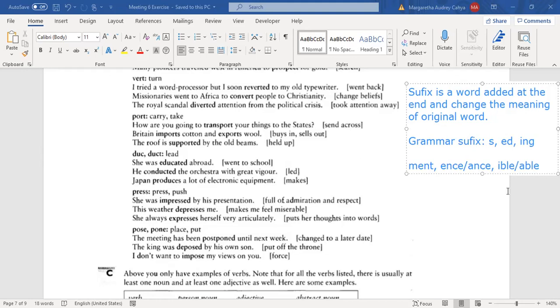The most common ones: -ment and -ance will change into a noun, and -able or -ible will change into an adjective. But it also makes sense.